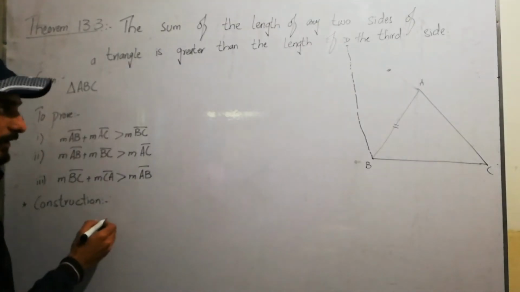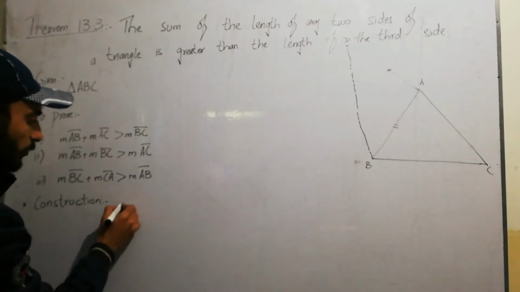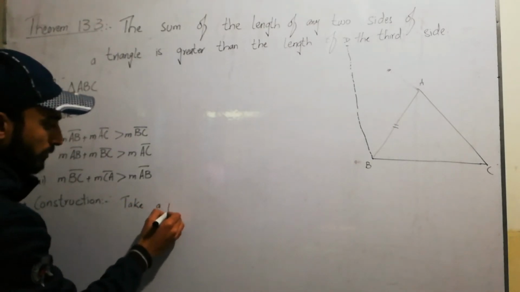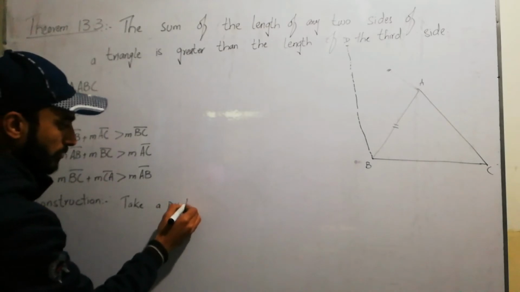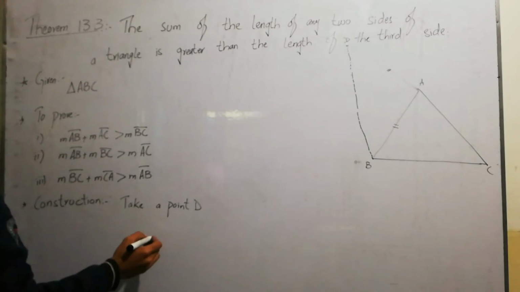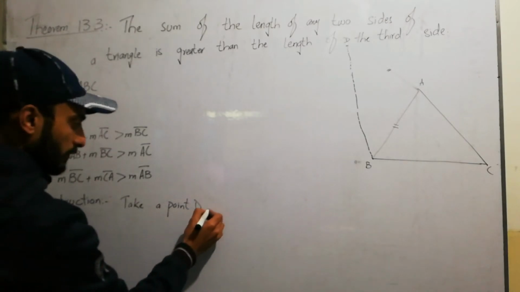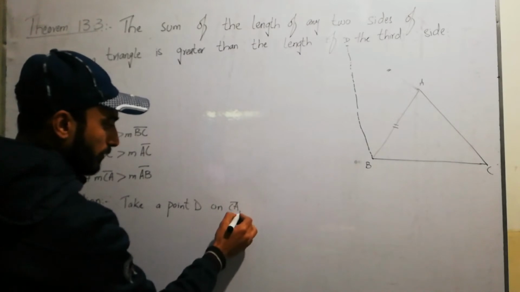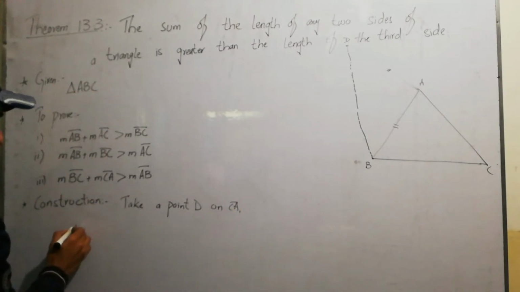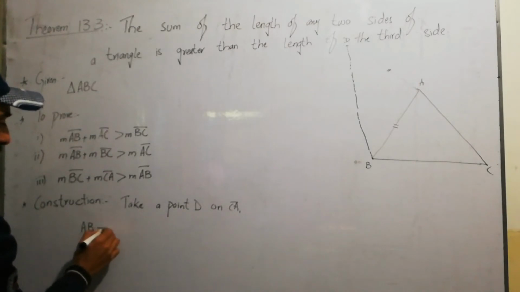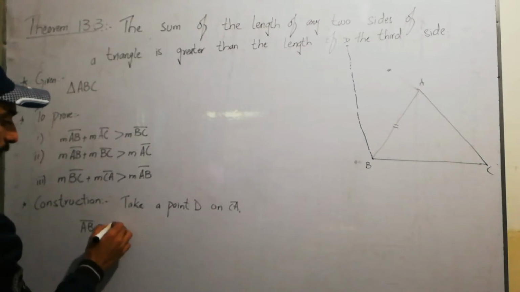So we can say that take a point D on AC such that length of AB is congruent to AD.